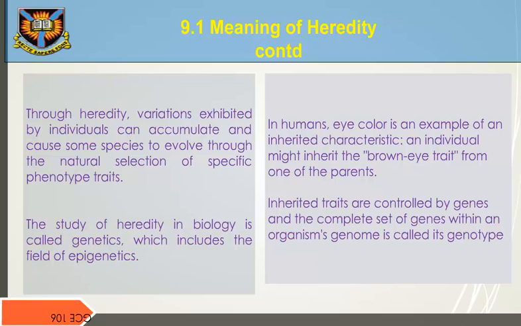The study of heredity in biology is called genetics, which includes the field of epigenetics. In humans, eye color is an example of an inherited characteristic. An individual might inherit the brown eye trait from one of the parents. Inherited traits are controlled by genes, and the complete set of genes within an organism's genome is called its genotype.